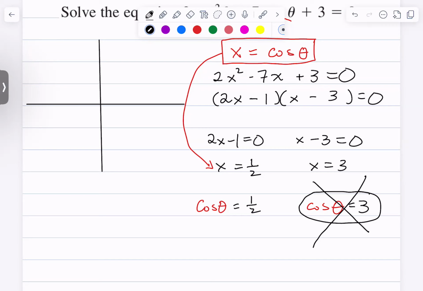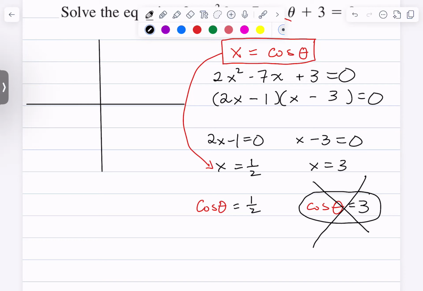Using our fundamentals of trig functions, cosine is adjacent over hypotenuse, correct? If it's adjacent over hypotenuse, which side is going to be bigger? Always the hypotenuse. Your hypotenuse will always be bigger than your adjacent side, right?